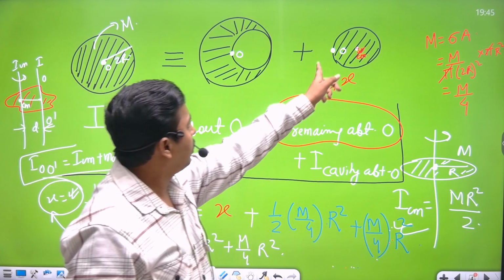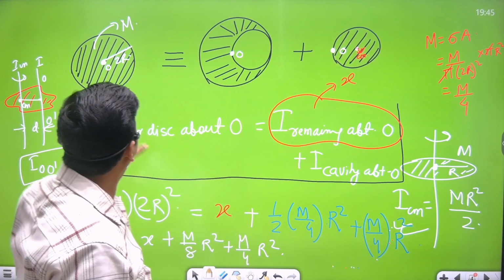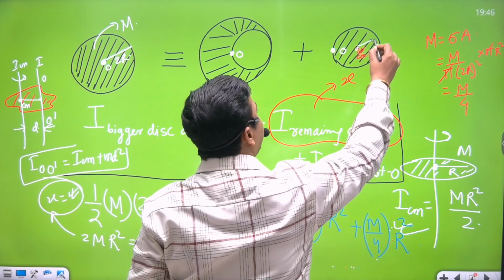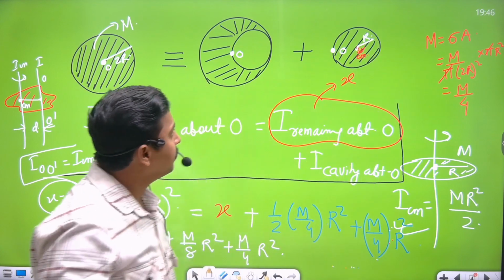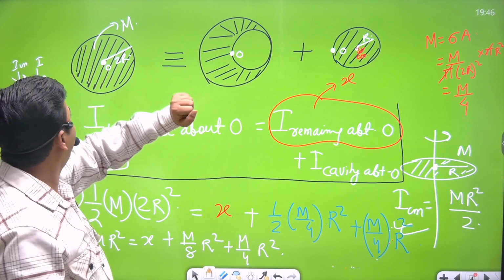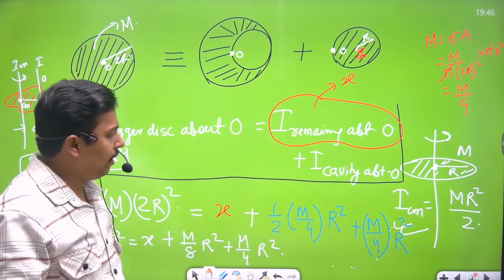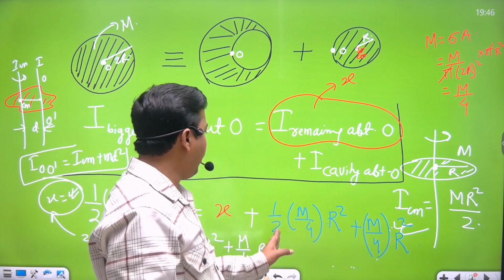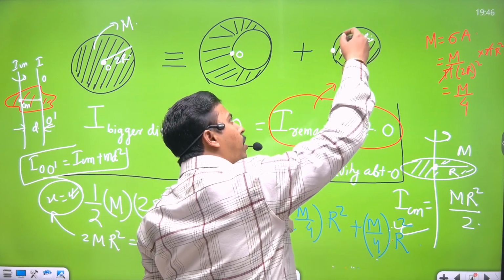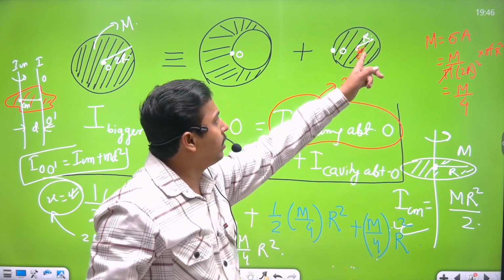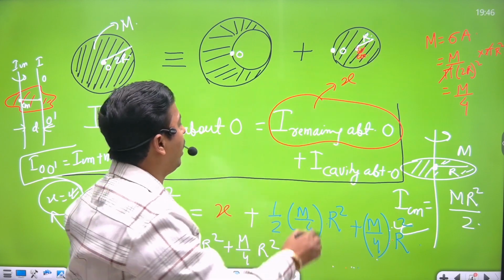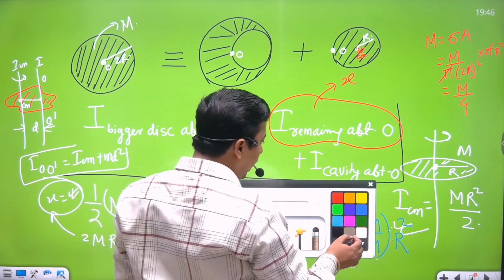Now the mass of the cavity has to be calculated. Here the radius is 2r, here the radius is r, so the area is 4 times smaller, so the mass will also be m by 4. So half m by 4 r square is the moment of inertia of the smaller disk about its center of mass, and when you add m d square, you apply the parallel axis theorem.